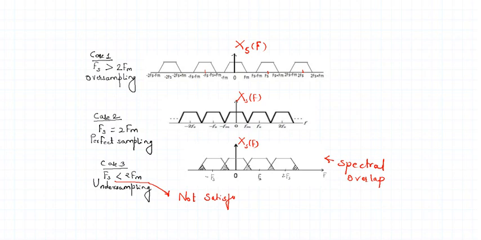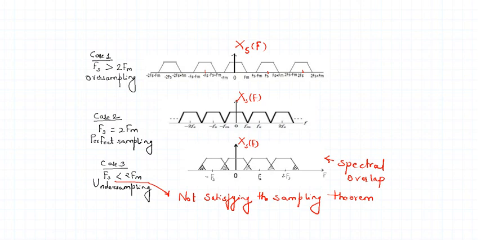What does the sampling theorem actually say? The sampling theorem says that the sampling frequency should be larger than twice Fm. If we maintain the sampling frequency, we get this output, right?